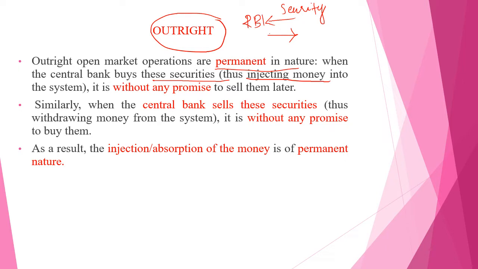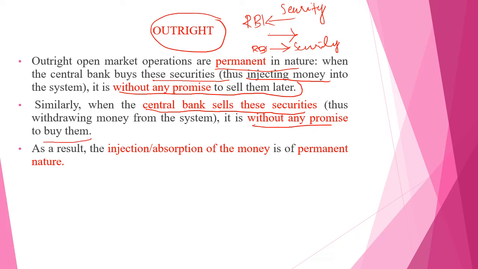In the outright operation, when Reserve Bank of India buys security and gives money to the market, there is no promise to sell the securities later. Similarly, when the central bank sells the securities, there is no promise to buy them later.